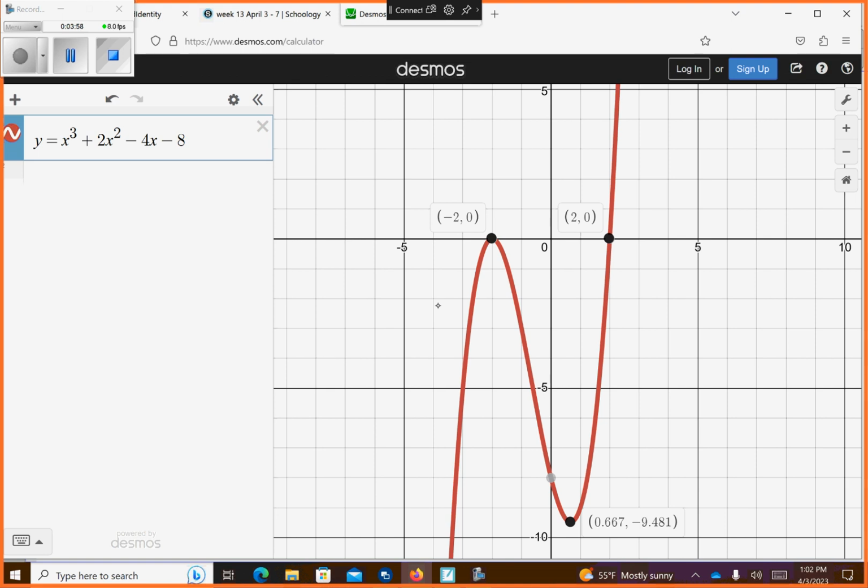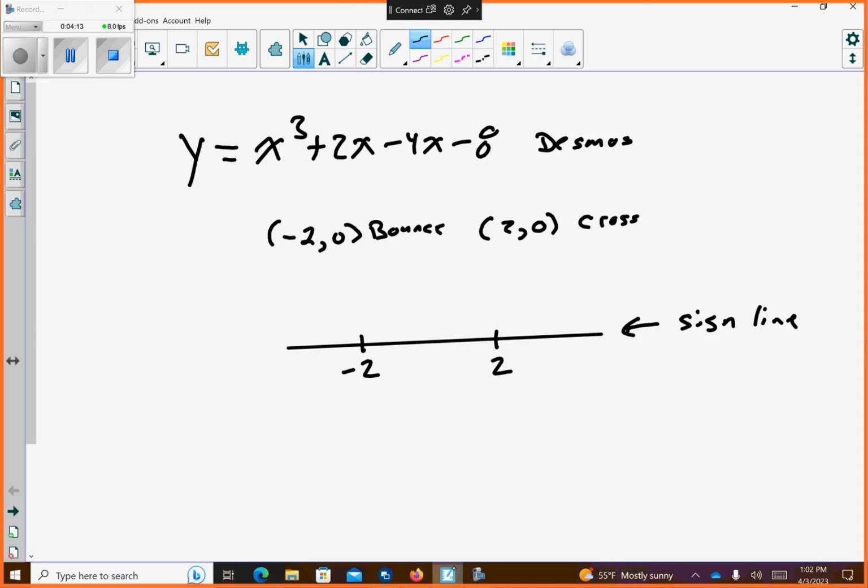If I found anything from this minimum value up, this would be a positive value. Okay? So 0.67, that's at 2/3, which is the same thing as 2/3.